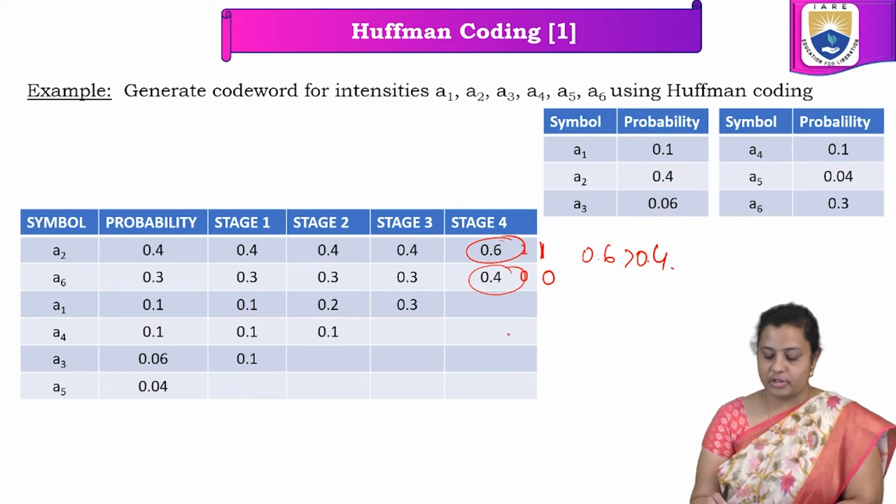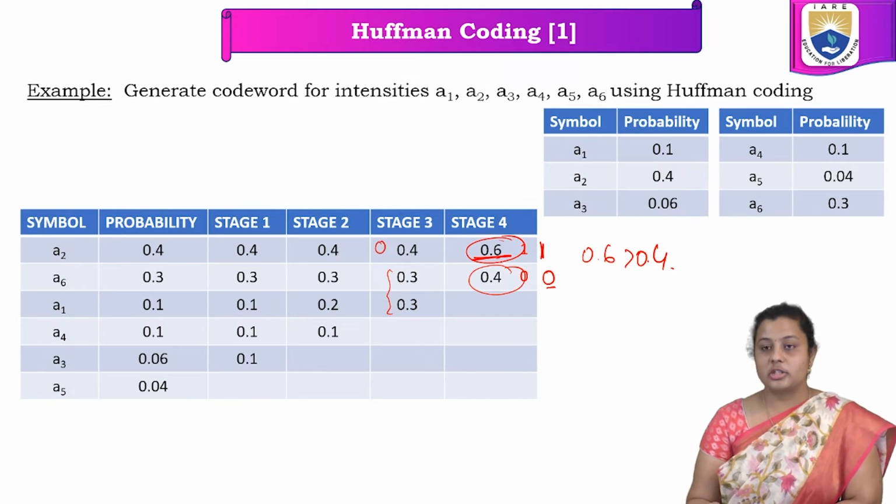Next, if you observe this 0.6, how did we get the 0.6? By adding these two probability values, right? So if we go back to our previous stage, in stage 3 we have 0.4, 0.3 and 0.3. The 0.4 value is already coded as 0, so we can continue the same value as 0.